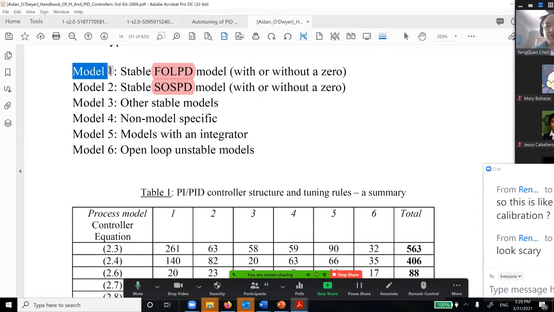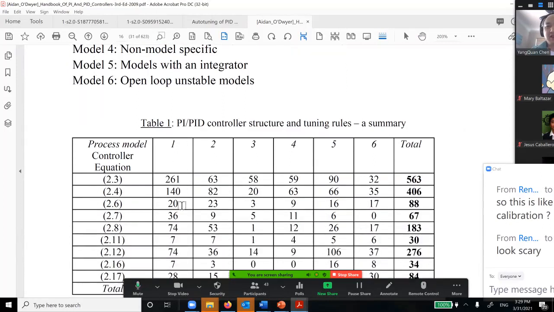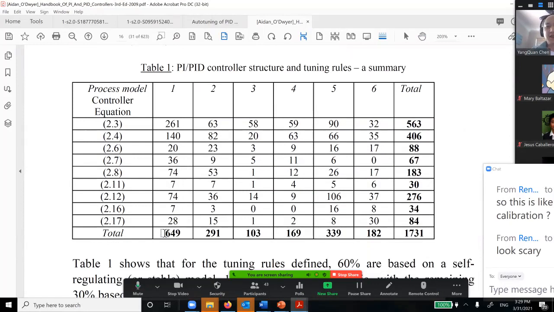So basically, we learned everything here, depending on the model format. They had 6 classes of models. We only focus on model 1. For model 1, how many tuning rules are there? 649, okay? For different sections or equations.